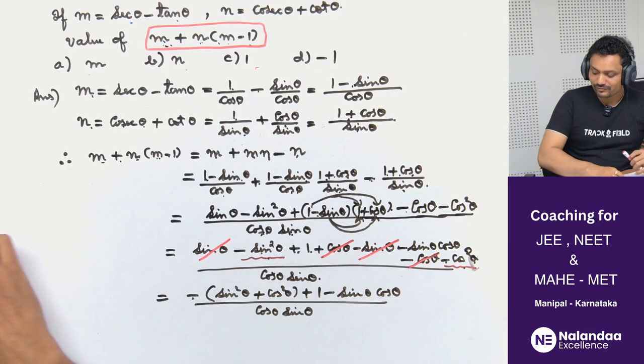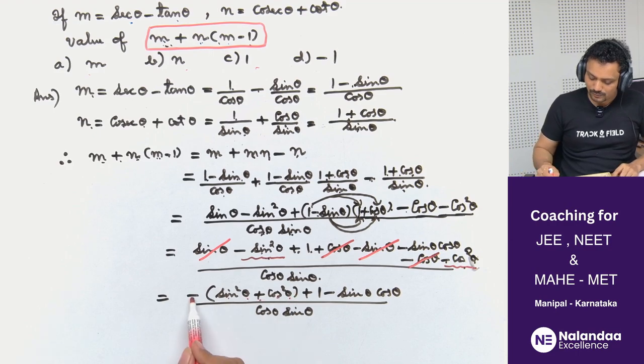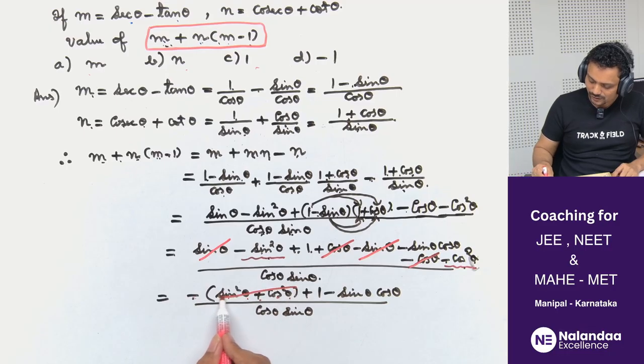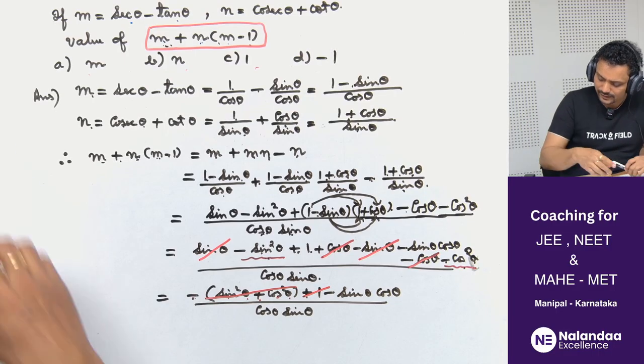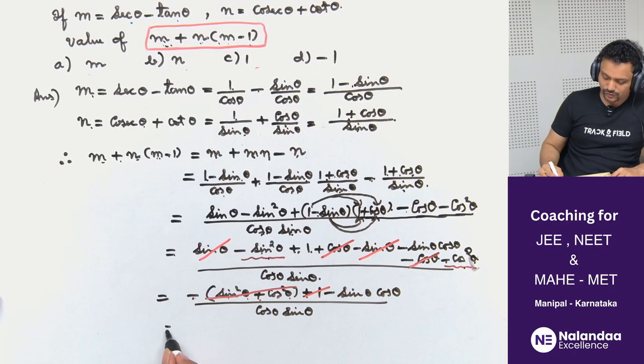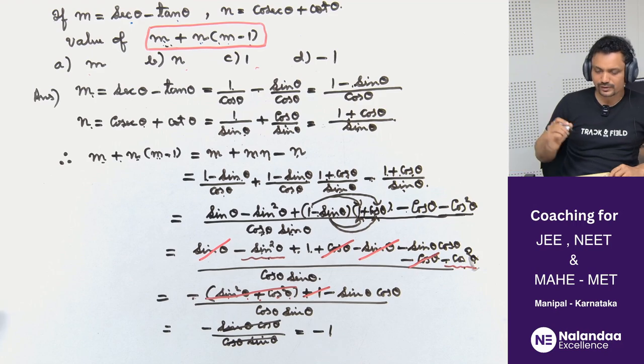Now you will agree that sin square theta plus cos square theta is 1, but there is a minus sign here, so this will be minus 1 and this will be plus 1. So this term will get cancelled with this term. Finally, you are going to get minus sin theta cos theta divided by cos theta sin theta, and this also will cancel at the end, and hence we will get minus 1.